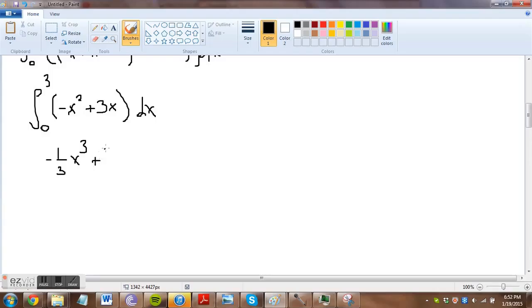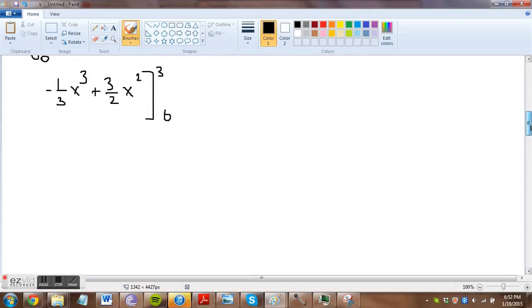So now what we have to do to solve the problem is plug our values into this equation. So we get negative 1/3 times 3 cubed plus 3/2 times 3 squared minus, when we plug in 0, it's just going to end up being 0.